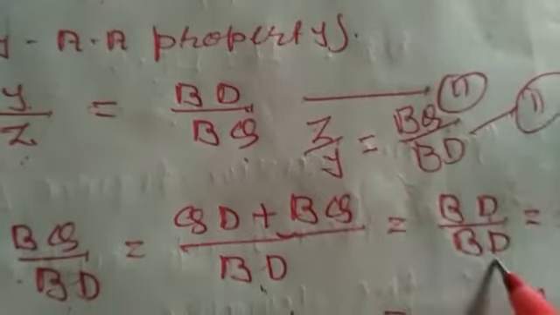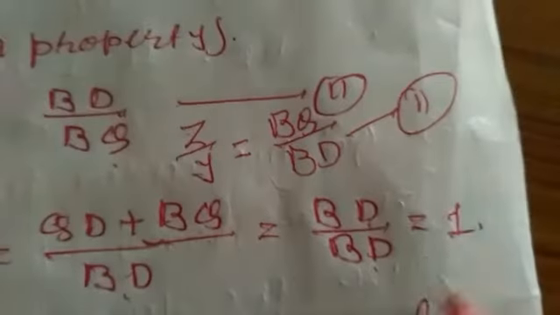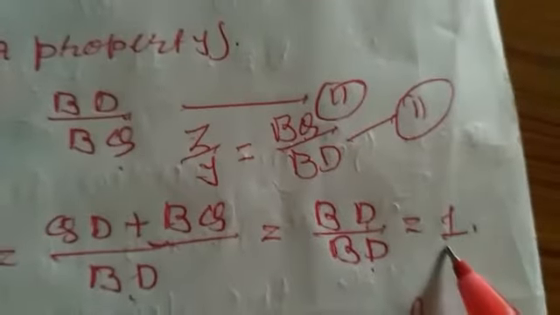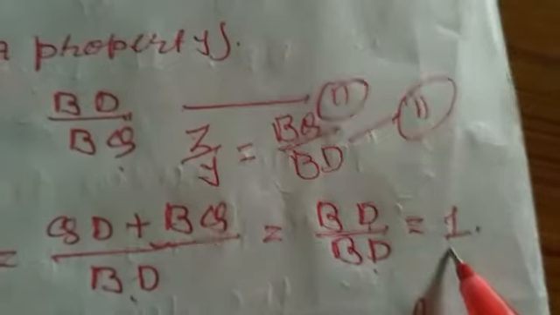So BD will be the LCM. So QD plus BQ by BD. And now when you see in the figure, QD plus BQ will be equal to BD. So we got BD by BD, that is equal to 1.